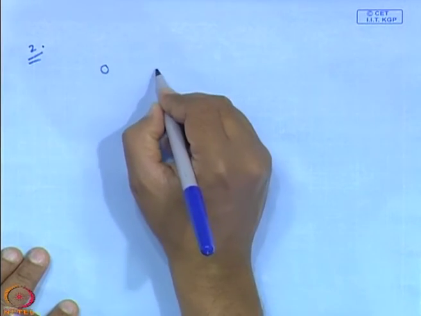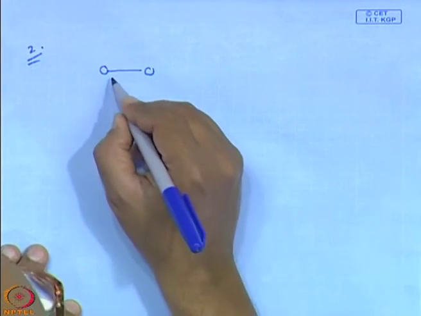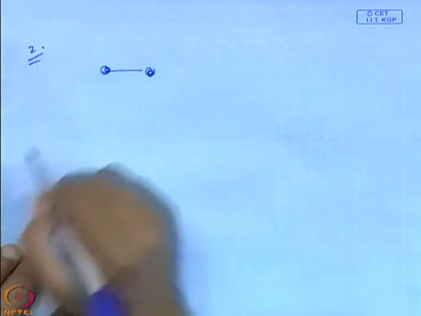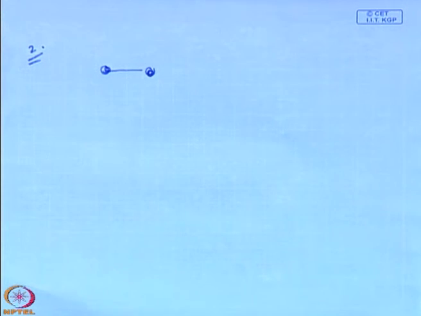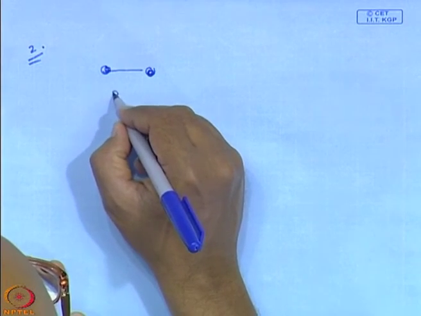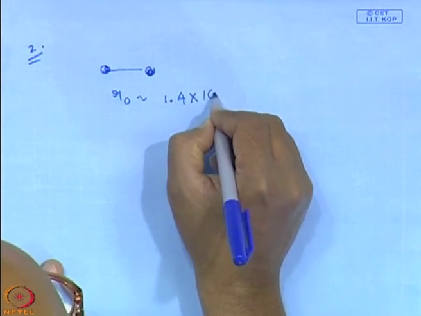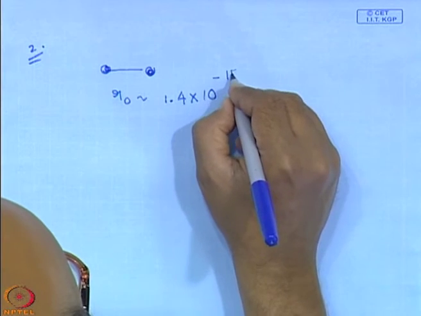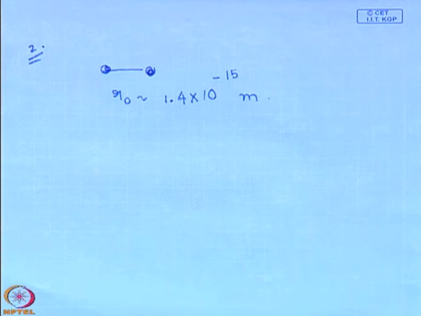We have two protons, and we know that at large scales there is the Coulomb repulsion between any two charged particles which have the same charge, and it is only if they can approach within a distance r naught of the order of 1.4 into 10 to the power minus 15 meters will the strong interaction come into play, and they will then be able to merge and form a deuteron.